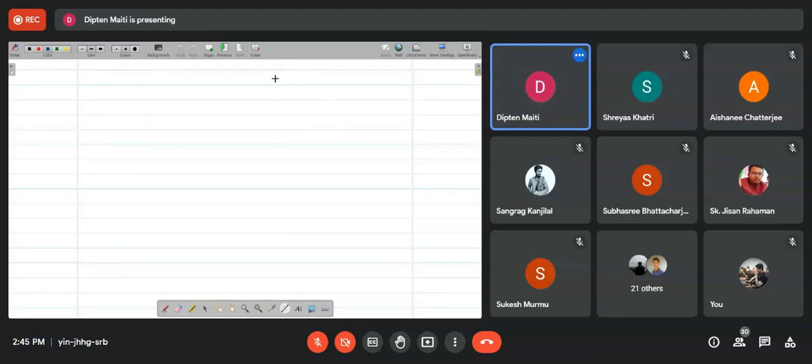That means, let's say this is the torque and this is the rotor speed, and also consider that this is the load torque, let's say.